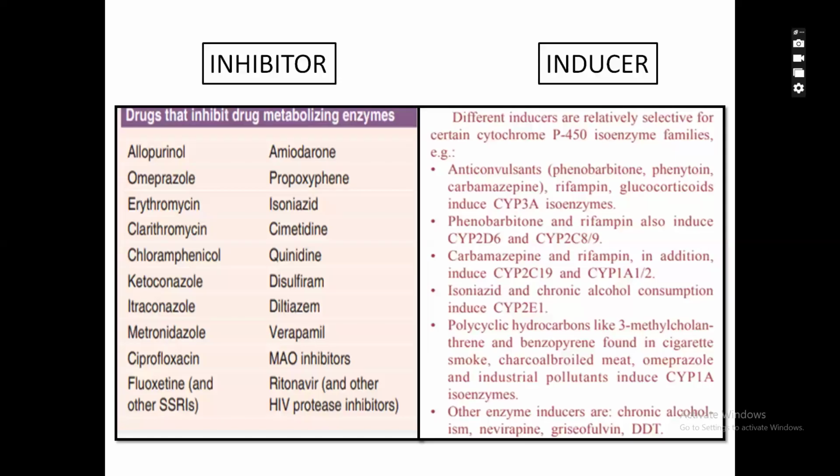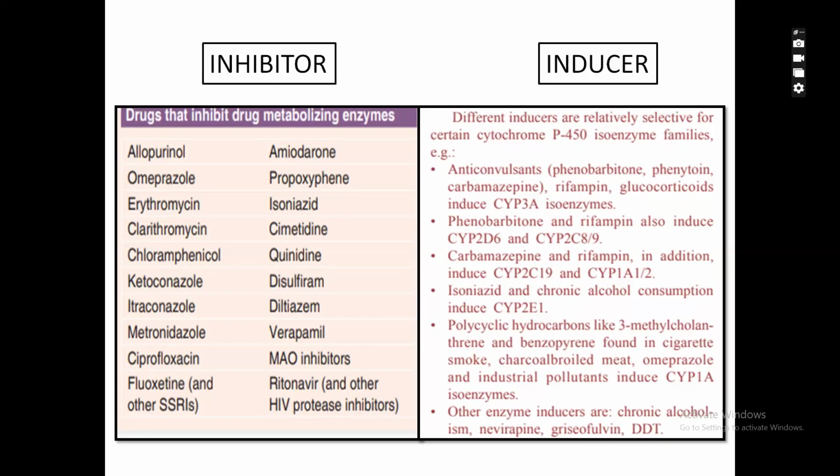So coming to inhibitors and inducers, why are we actually reading this? These are drugs which are very important for your daily practice. While prescribing a drug, we should remember whether it's an inhibitor or an inducer. Let me give a practical example. Suppose a patient is on warfarin and comes with pneumonia. You prescribe clarithromycin.